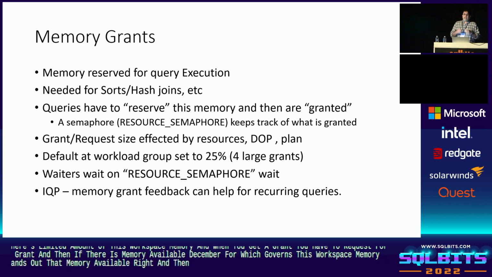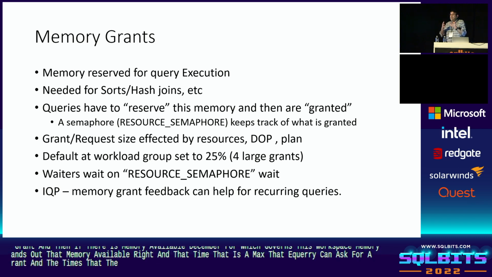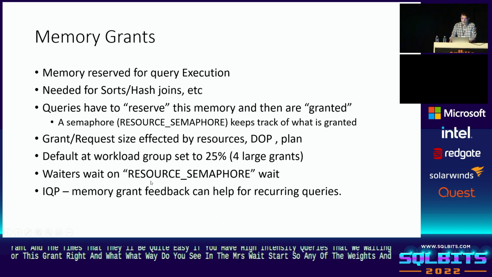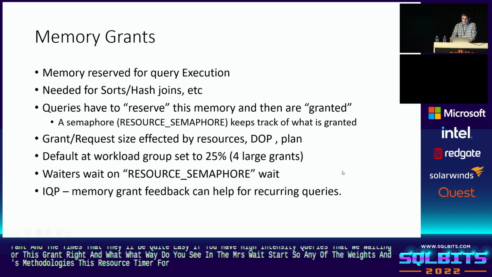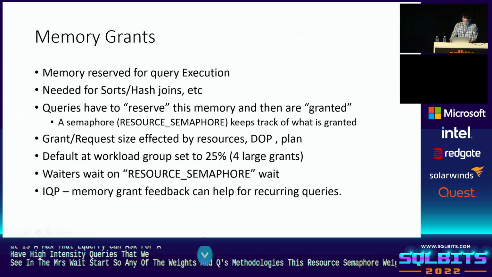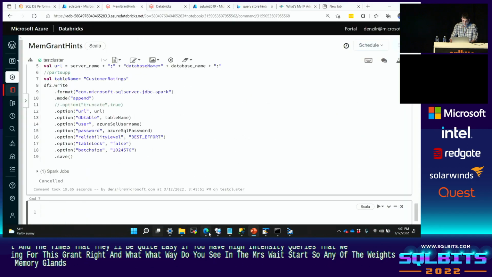There are times there is a max that a query can ask for, and if you have highly intensive queries, some will be waiting for this grant. And what you see in DMV wait stats, or any of the waits and queues methodology, is this resource semaphore wait.